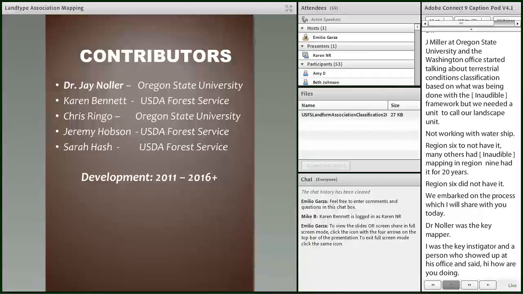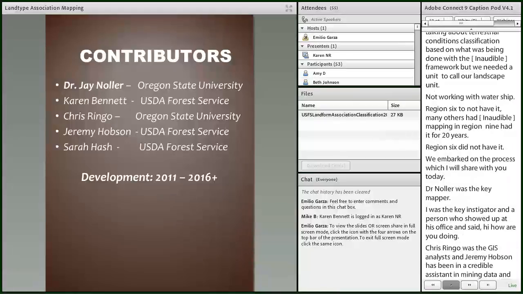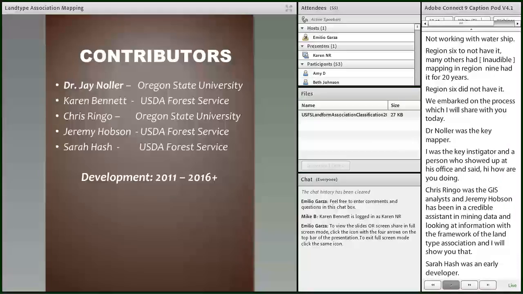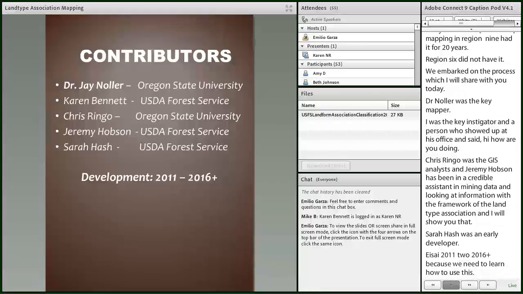And then Sarah Hash was one of our early developers. She's a soil scientist at the Deschutes National Forest. So I say 2011 to 2016 plus because we need to learn how to use this, and we probably need to develop it some more.